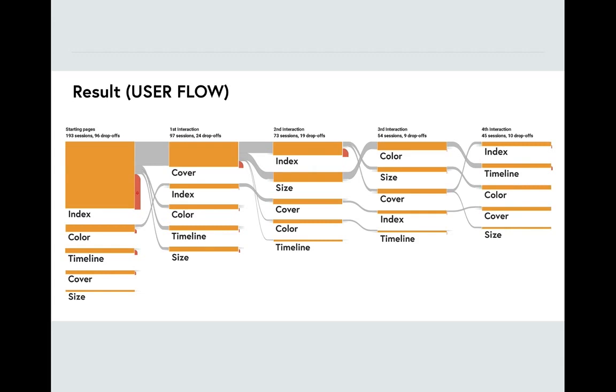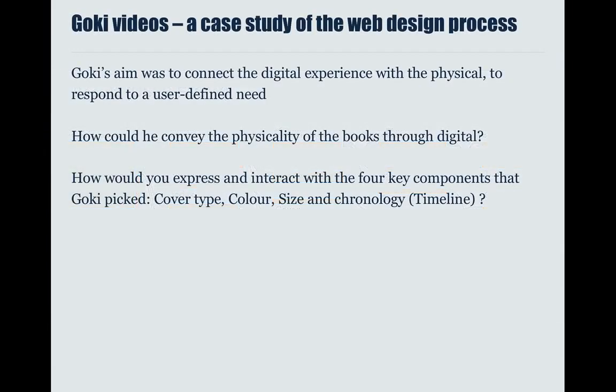And here we've got a representation that's very similar to the ways in which Google Analytics express movement between pages. If you've done any of that yourself, it'll be familiar to you. As I say, what Goki wanted to do was link the physical resources to the digital ones.